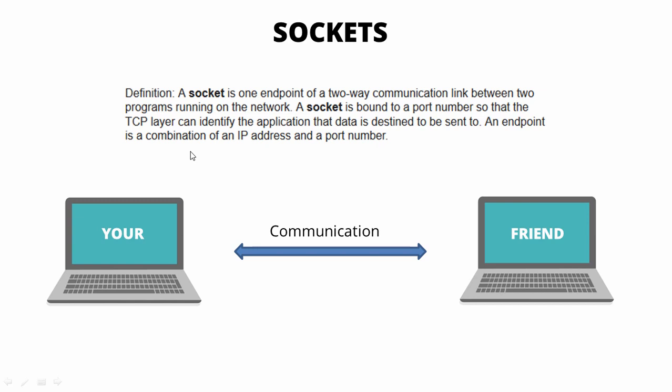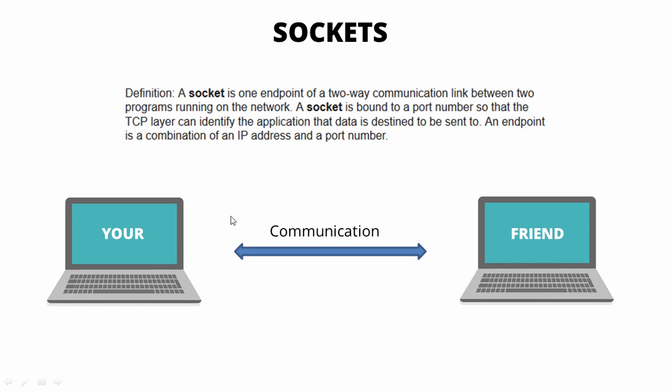What it is actually trying to say is that sockets are required for one computer to communicate with another computer. Basically, sockets open up a layer of communication from one device to another by binding the port and the IP address together. You can understand it like this: you have one computer, let's say it is your computer, and then you have a friend's computer.